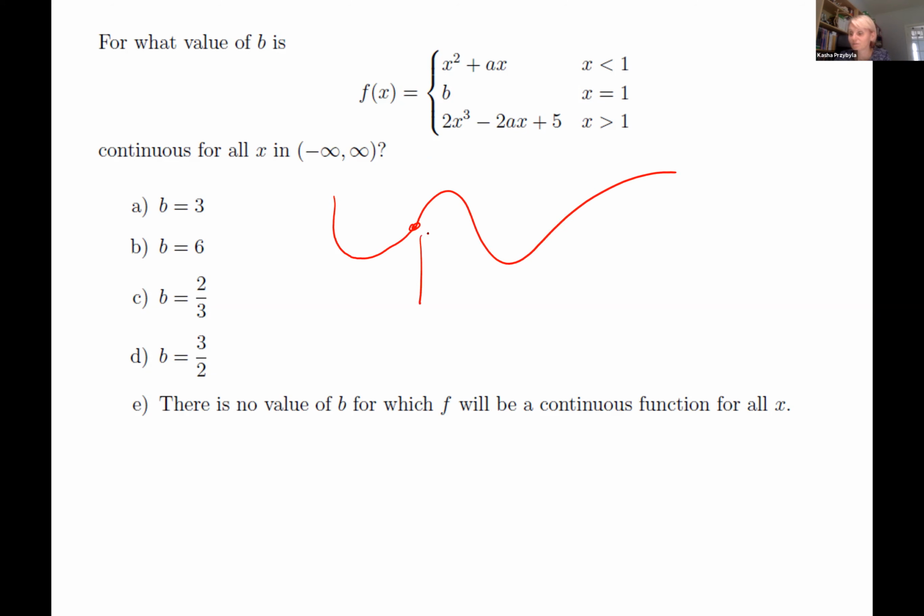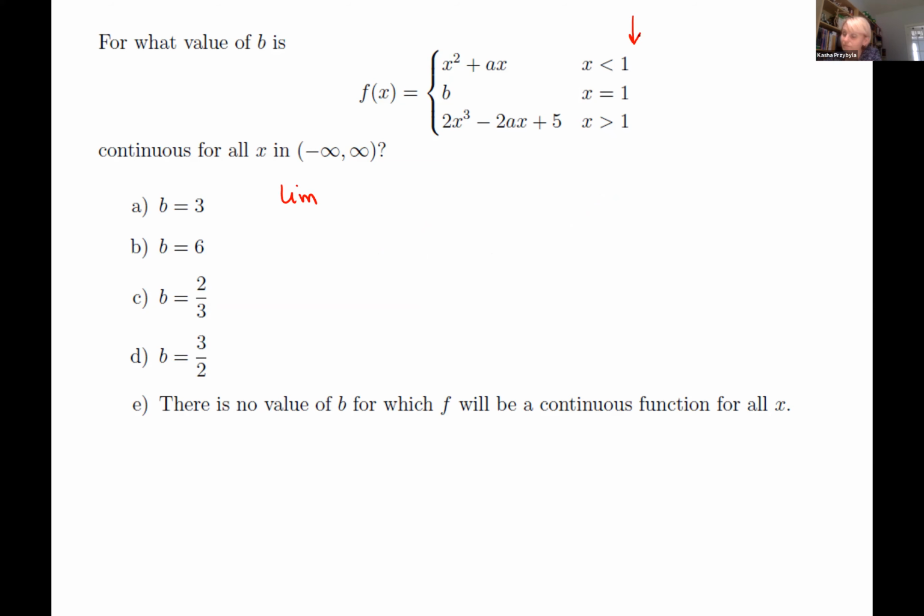But of course, the thing is that point, that b. What value of b will give me continuity? I will simply use my definition. I want the limit at the point 1.